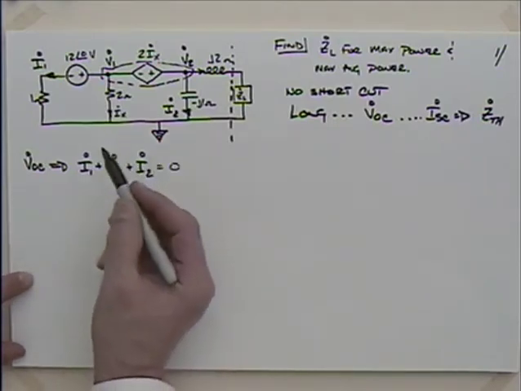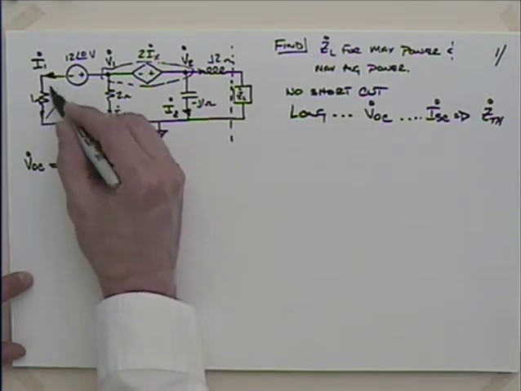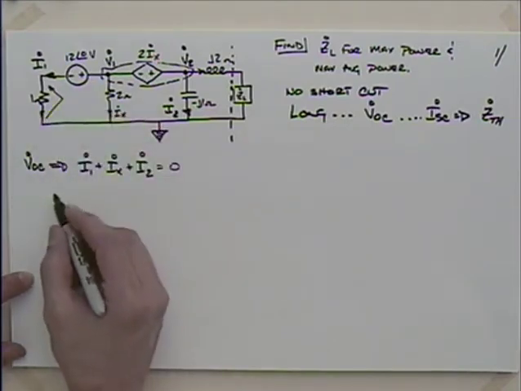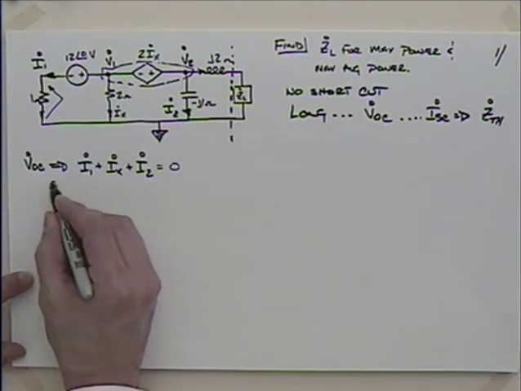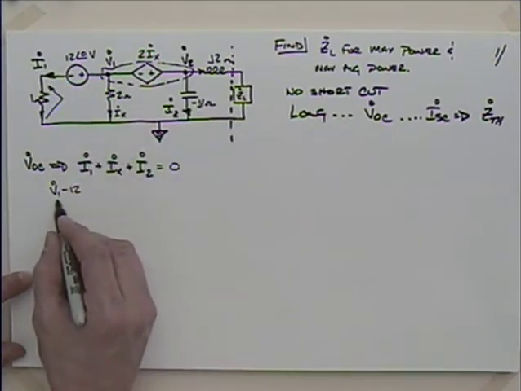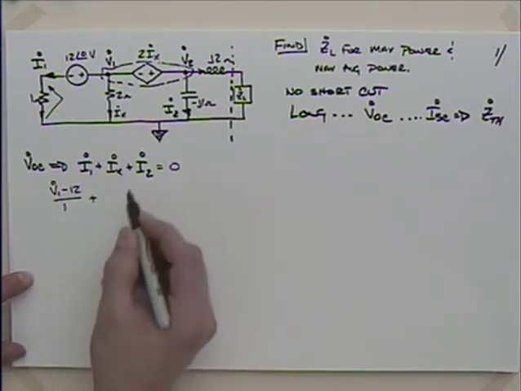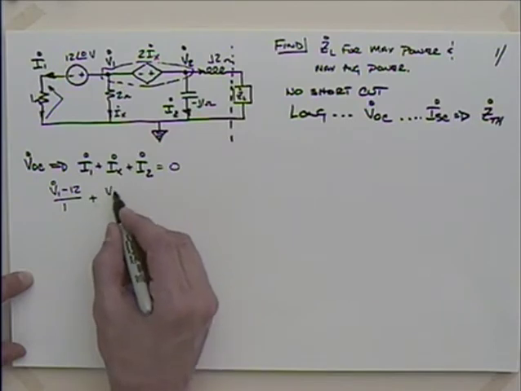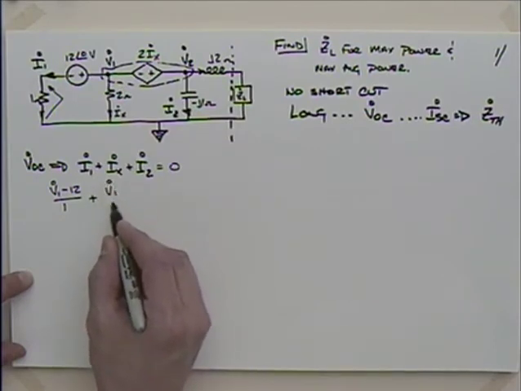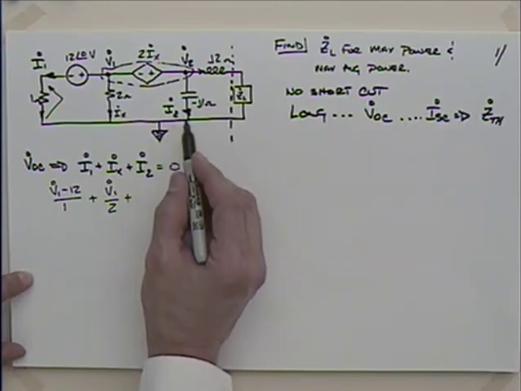So then I1, the current going down through there, I need to find the voltage across there. So I could say that's really V1 minus 12, or 12 at 0. I can just say 12 divided by 1, right? Plus Ix, which is V1 divided by 2, plus I2. What's I2?